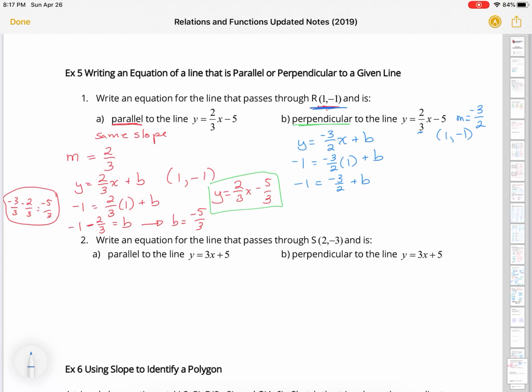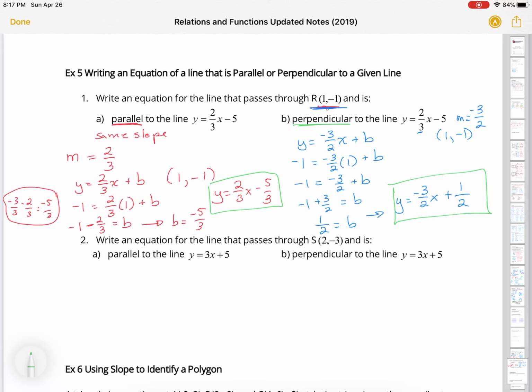So I get negative 1 equals negative 3/2 plus b. I move that over to the other side. Negative 1 plus 3/2 equals b. So b would be equal to, well, negative 1 plus 3/2, it's going to equal 1/2. Right? And again, that's using your fraction math. Negative 1 is the same as negative 2/2. So from that, our equation is y is equal to negative 3/2 x plus 1/2. And that would be our equation.